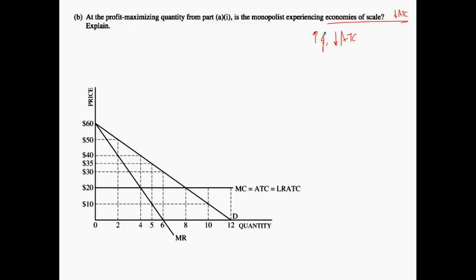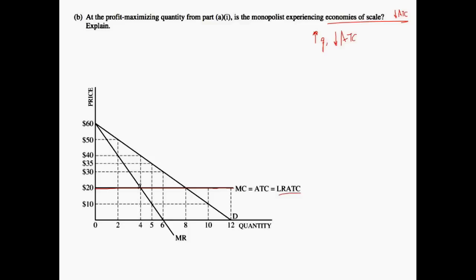So this question is essentially asking you, does the firm experience decreasing average total costs as quantity goes up? So let's look at the long run average total costs. In this case, the line is actually horizontal. What that means is that if I am the firm and I produce just 2 units, it's going to cost me $20.